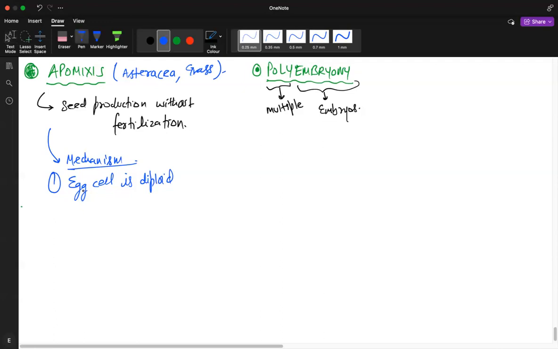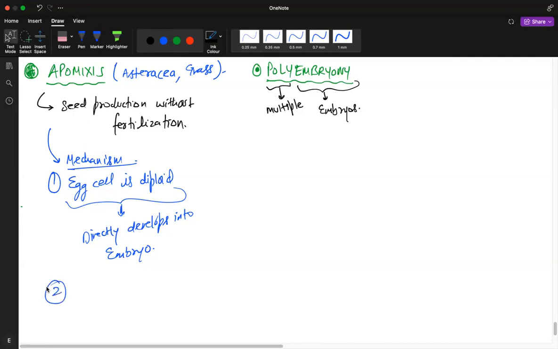And this diploid egg cell directly develops into embryo. Okay. Is it clear? So this is one way.